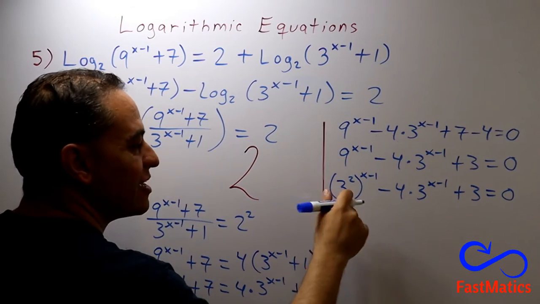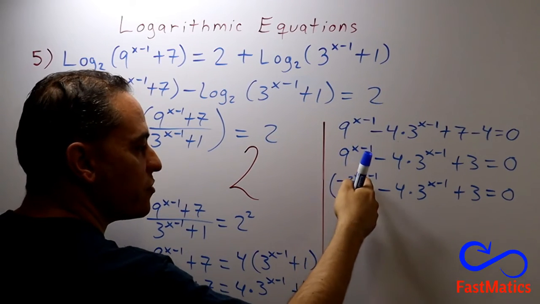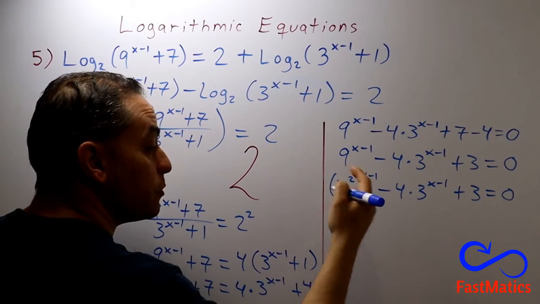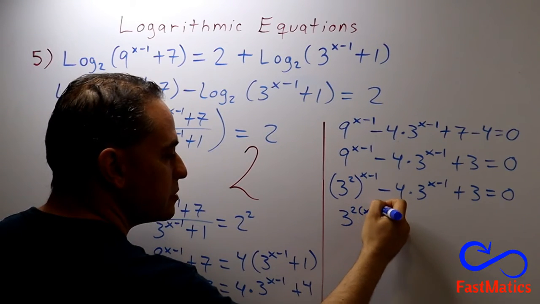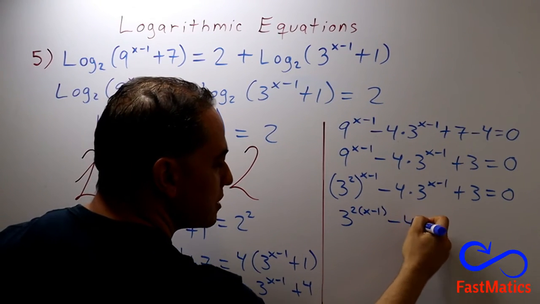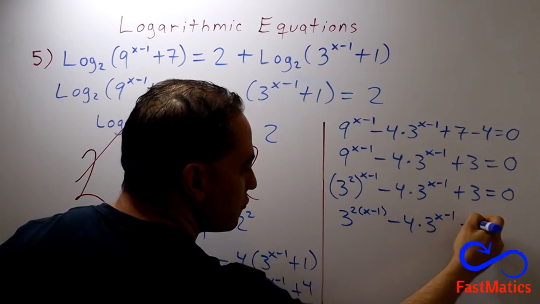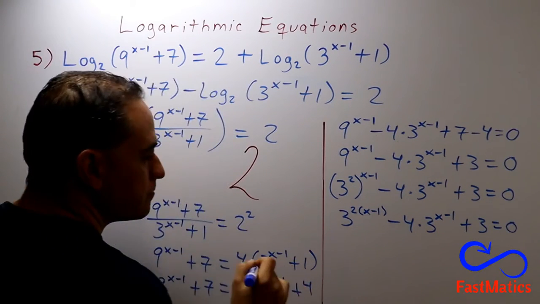And here remember, when you have an exponent raised to another exponent, the exponents will be multiplied. So you write 3 to the power of 2 times x minus 1 minus 4 times 3 to the power of x minus 1 plus 3 is equal to 0.